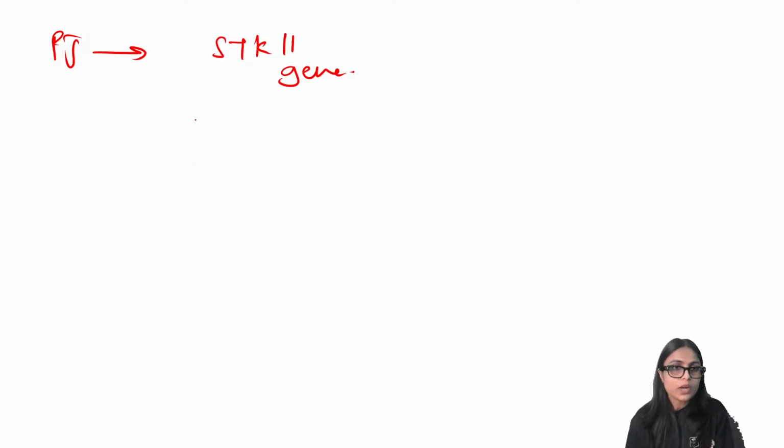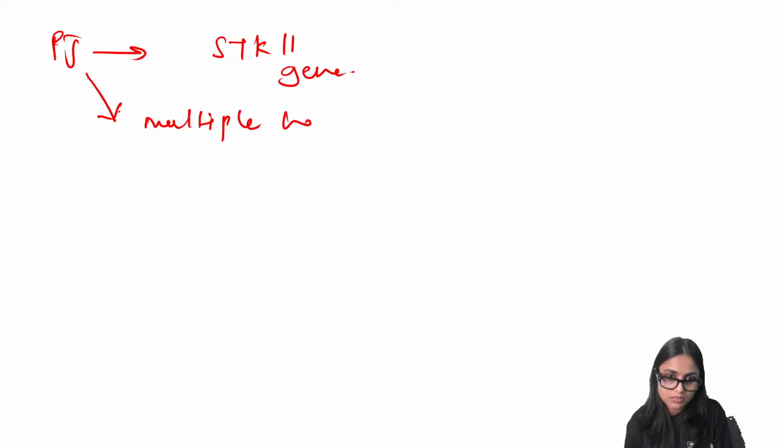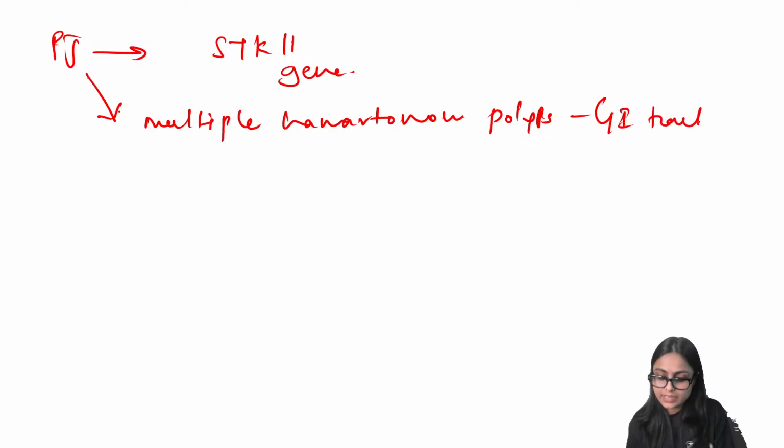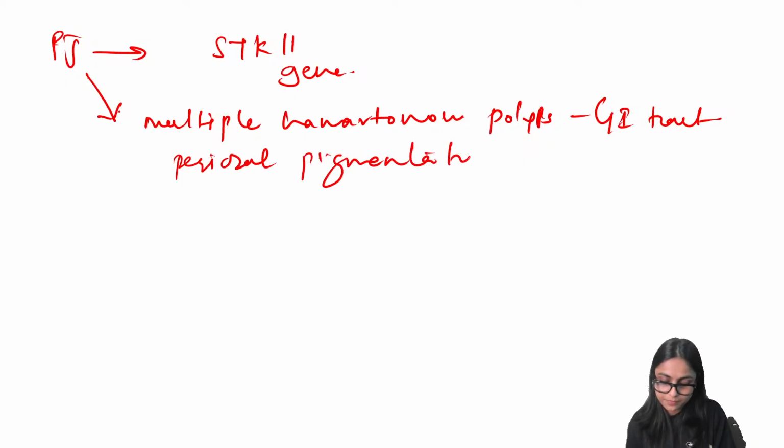Okay, what you see in Peutz Jeghers is multiple hamartomatous polyps in the GI tract. And in Peutz Jeghers, perioral pigmentation is also there.